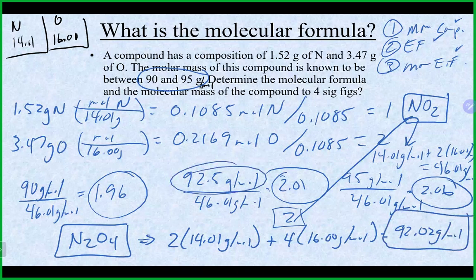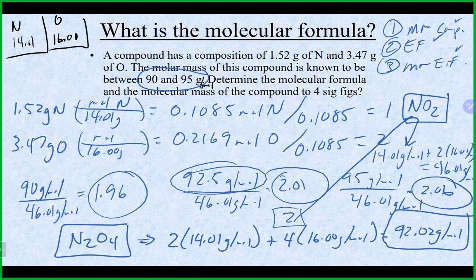Any questions on how to do that there? So again, if you have a range, you can really choose any number. They all should pretty much hit you the same way. But again, going in the middle is usually a pretty good move.